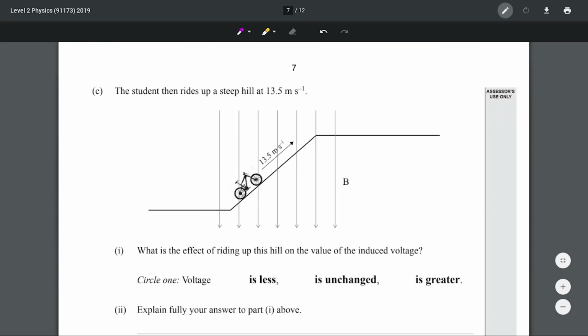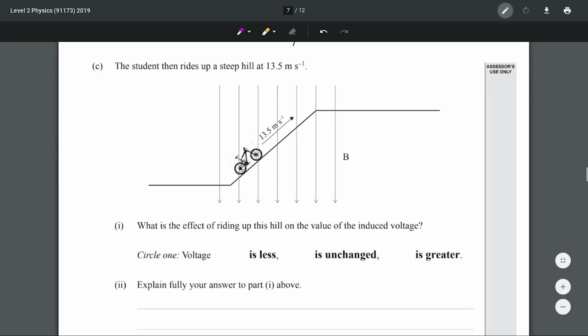Question C. The student then rides up a steep hill at 13.5 meters per second. What is the effect of riding up this hill on the value of the induced voltage? We're asked to circle one. Now, this effect is at its maximum when the movement of the charges, the movement of the conductor, is at right angles.